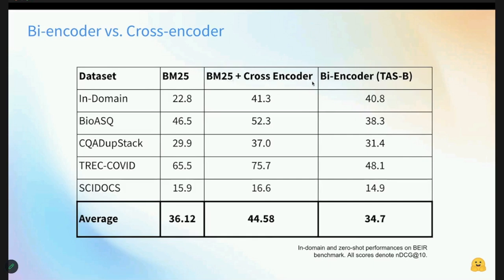And you'll see that across all of these data sets, some of them being out of domain, the bi-encoder, like dense embeddings, perform the worst. BM25 performs slightly better because, again, it generalizes better to out of domain data. But the BM25 plus a cross encoder actually gives you a significant performance boost.